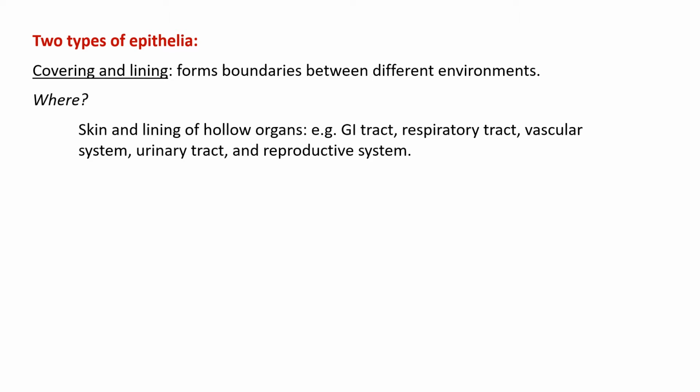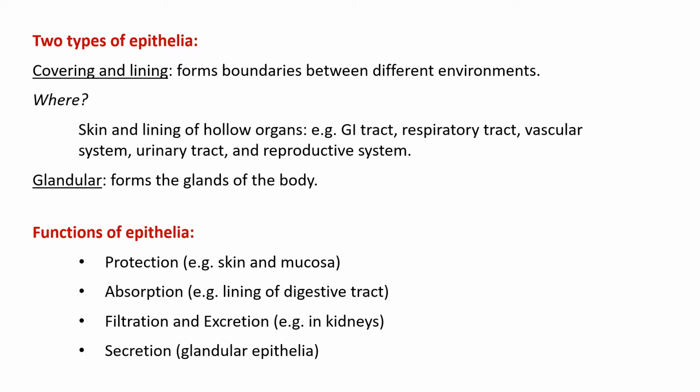Urinary tract and the reproductive system. So these are the coverings and linings. The other type is glandular, and this is what forms all of the glands of the body, including all the endocrine glands that we're going to talk about later in the module.